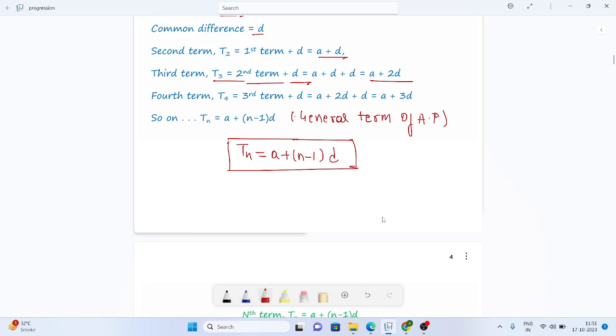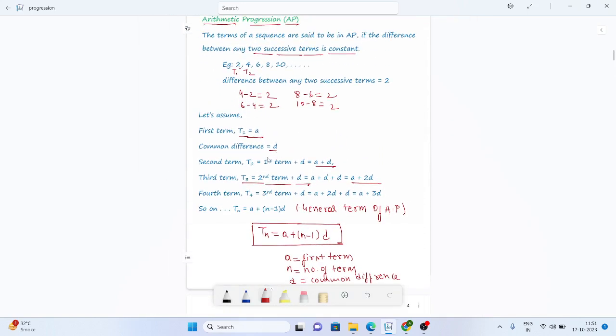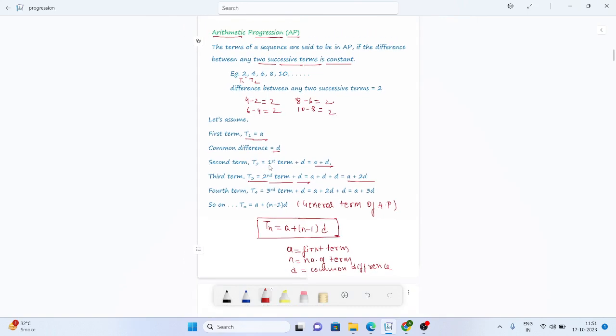Where A is the first term, n is the number of terms, and D is the common difference that you know already. So first you note this down and then let me know.